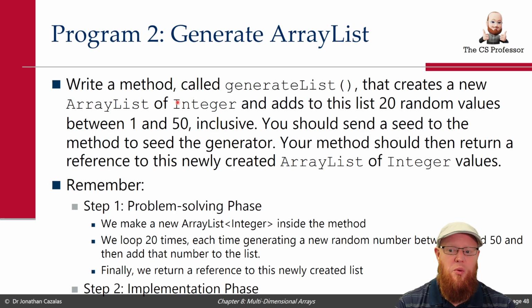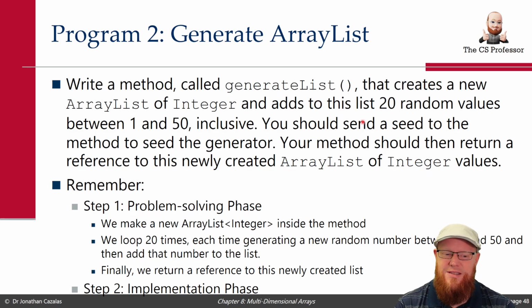So the first program we want to look at is we want to generate an array list. Write a method called generateList that creates a new array list of integer data type and adds to this list 20 random values between 1 and 50 inclusive.